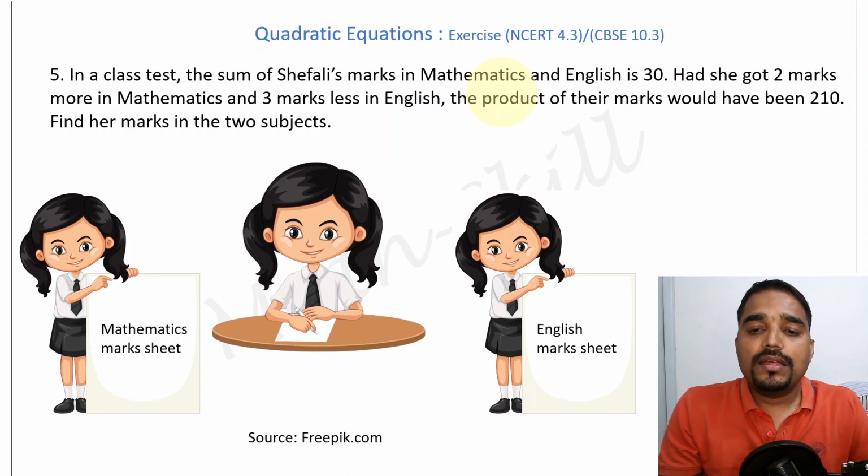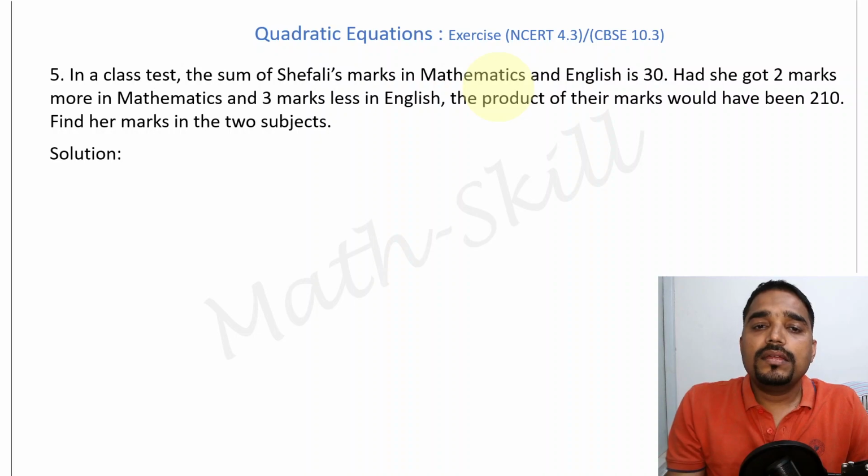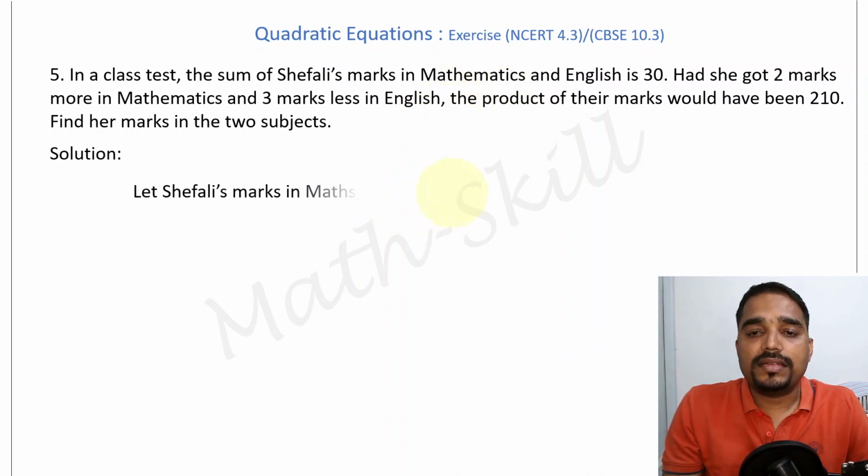To build the quadratic equation, we will have to assume the marks scored in either mathematics or English as x. Let us begin by assuming the number of marks scored by Shefali in mathematics as x. That is, Shefali's marks in maths be x.